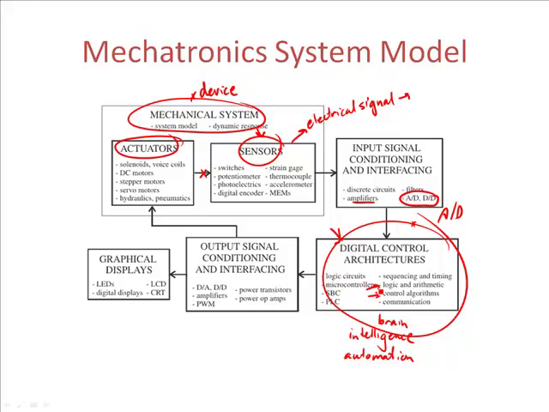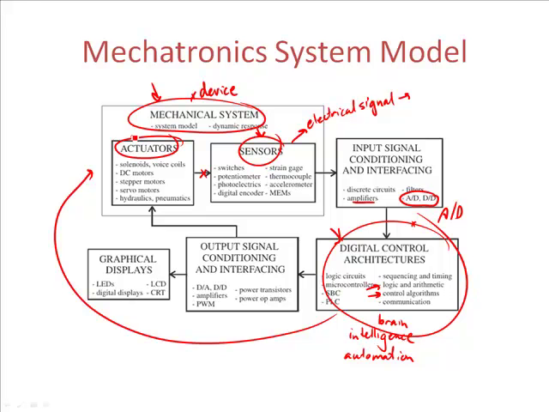Now, once the computer has made a decision based on the state of the system, is it doing what it's supposed to? What adjustments need to be made? Then we need to tell the system what state to assume. And that happens through this leftmost loop. So first of all, we talk to the device through actuators.